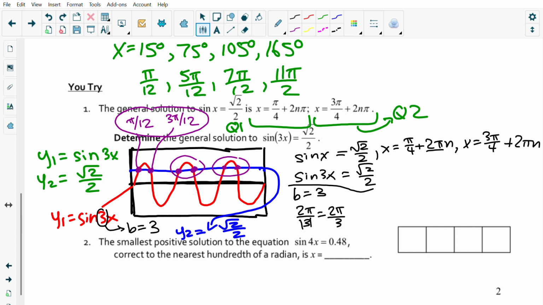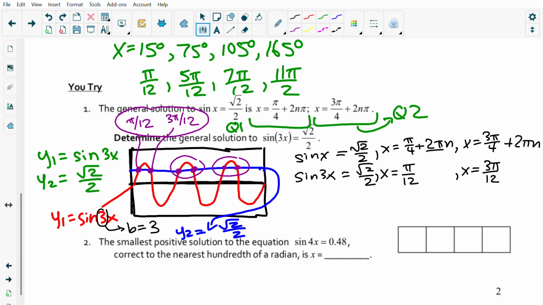So here we go. Sine of 3x equals square root of 2 divided by 2. And that equals, we said our first solution was pi over 12, and our second solution is 3 pi over 12.